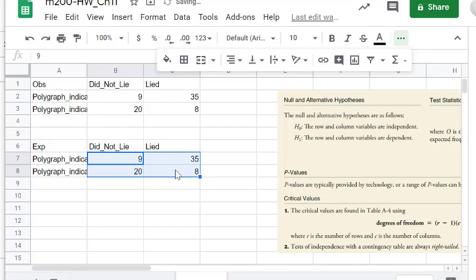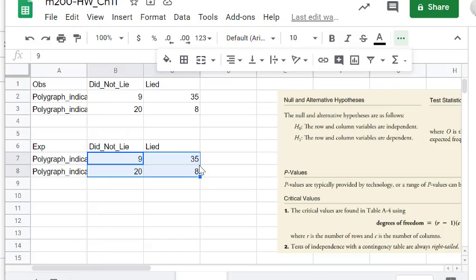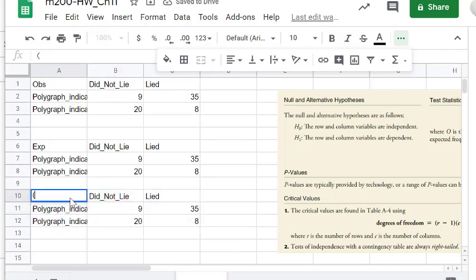These numbers are going to change in the body of the table, according to the formula that says each expected value will be the row total times the column total divided by the grand total, which means we need row, column, and grand totals for the original table. And then we will compute the test statistic by looking at this O minus E quantity squared divided by E. So again, we will change these values accordingly.